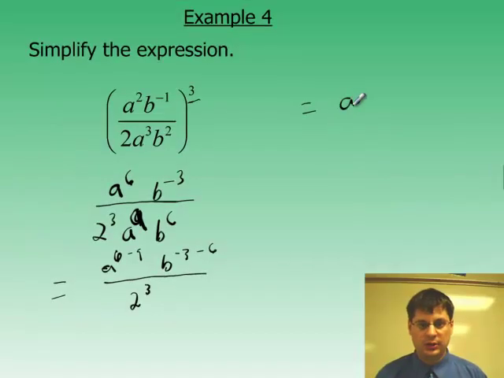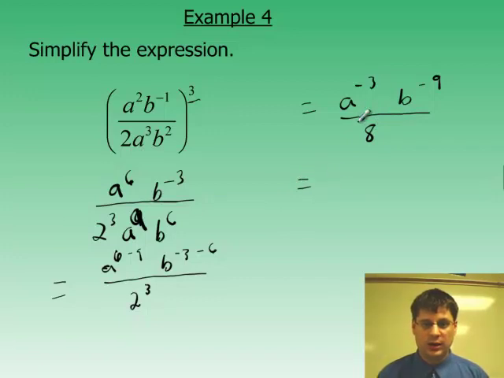So in the numerator we'll have a to the negative 3rd and then b to the negative 9 over 2 cubed, which is 8. And because these both have negative exponents, they'll go in the denominator, leaving just a 1.